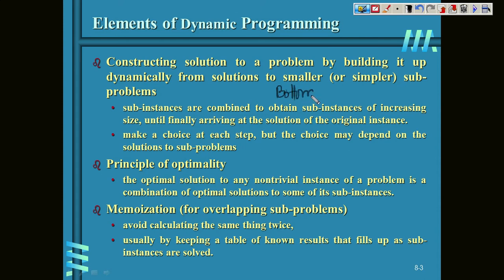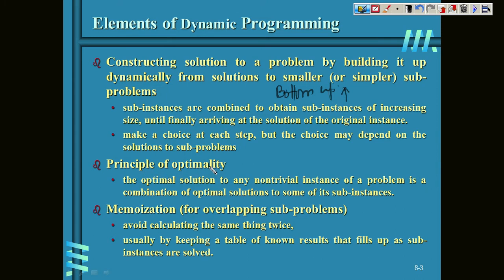In the bottom-up approach, we generally solve the smallest part of the problem, or you can say a subproblem, and then we combine all these small problems to get the answer to the larger problem. This is the approach that we follow in dynamic programming, and this is why we call it a bottom-up approach.